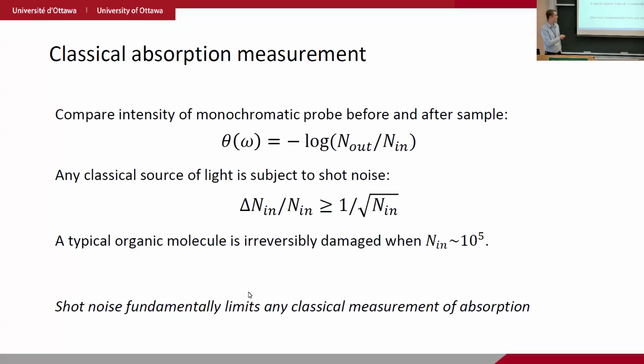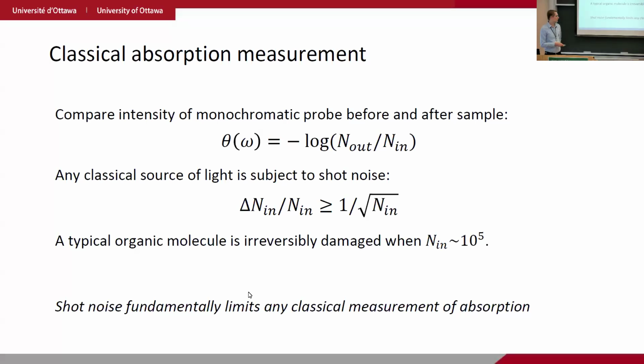So the relative error in the number of input photons, if you do not characterize it beforehand, is going to be bounded by 1 over root n. If you want to make a very precise measurement of absorption, you need a large number of photons, and then that relative error goes to 0.